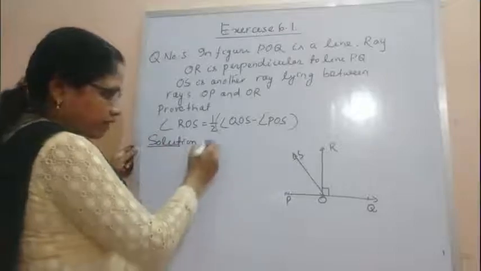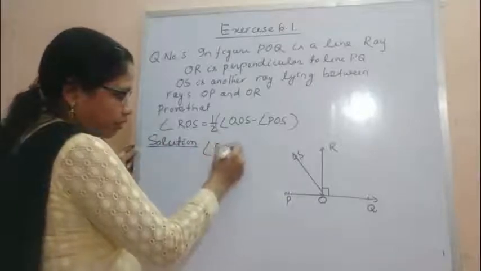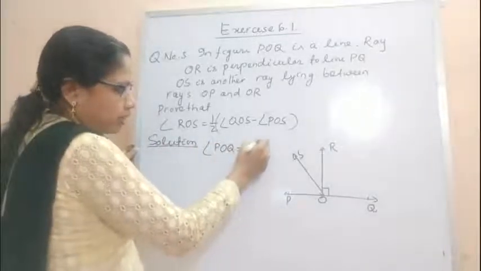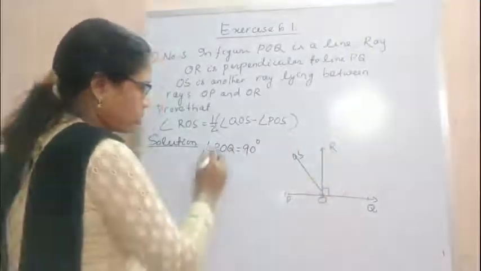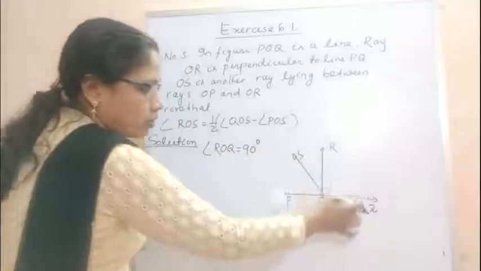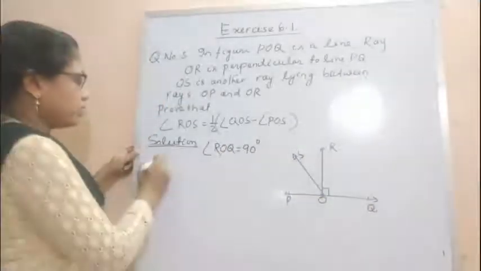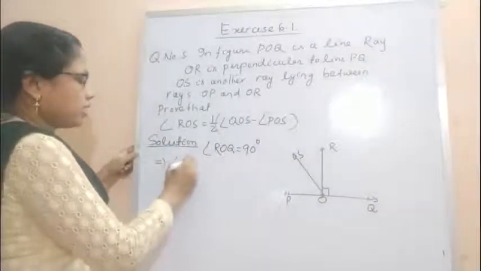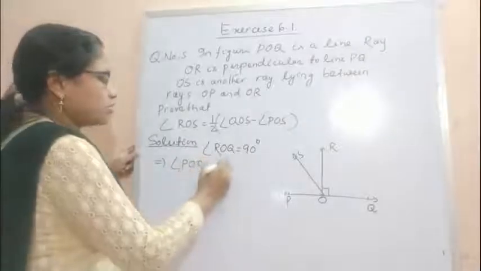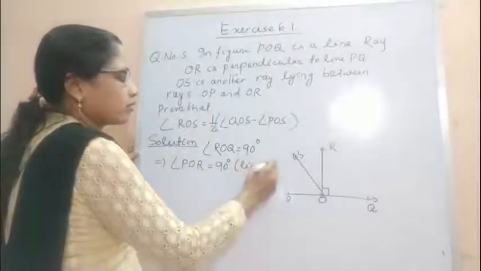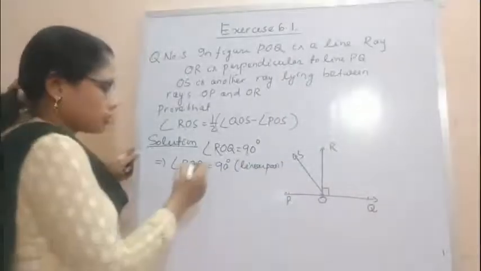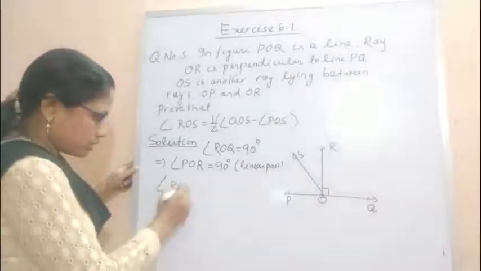So it is given that angle POQ is equal to 90 degree. Angle ROQ is equal to 90 degree. So this implies angle POR is also 90 degree because they are linear pair. So what is angle ROS?